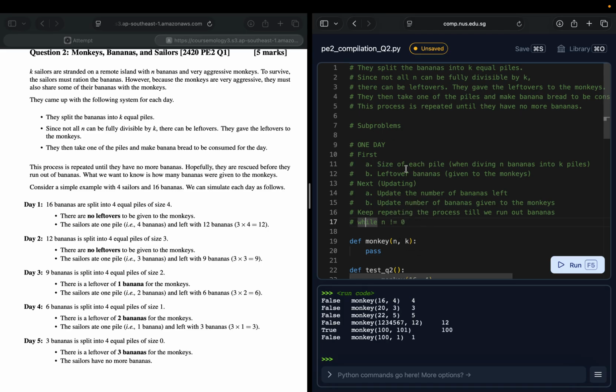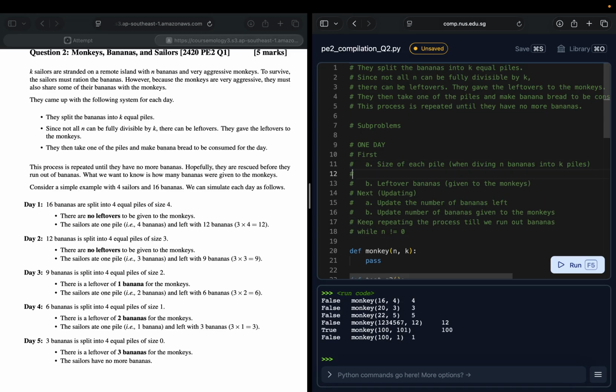Now let's think of how we calculate each of them separately. To calculate the size of each pile, we can look at the example. When there were 16 bananas and 4 sailors, we see that the size of the pile is 4.